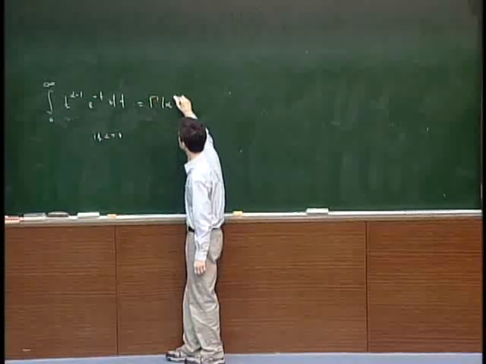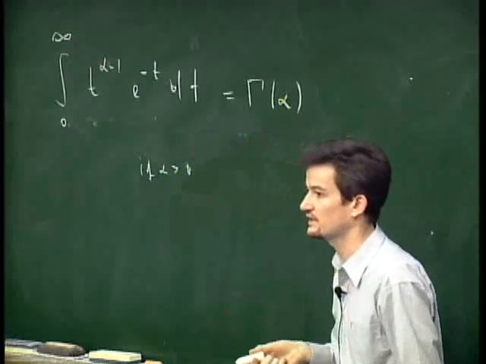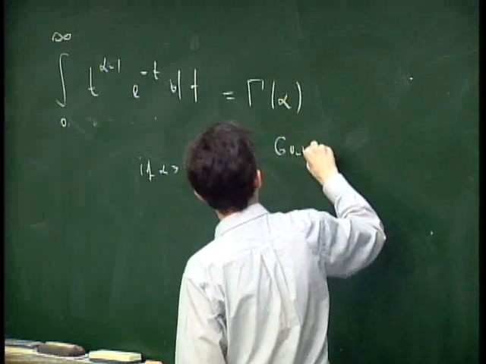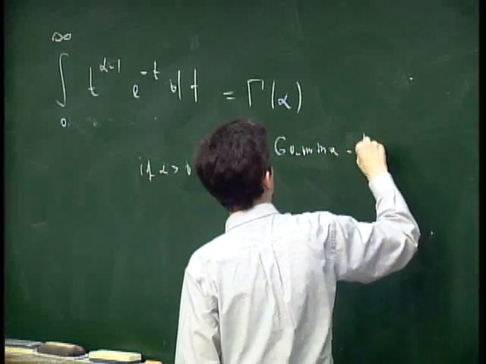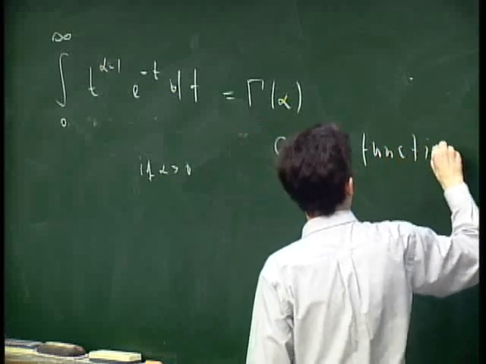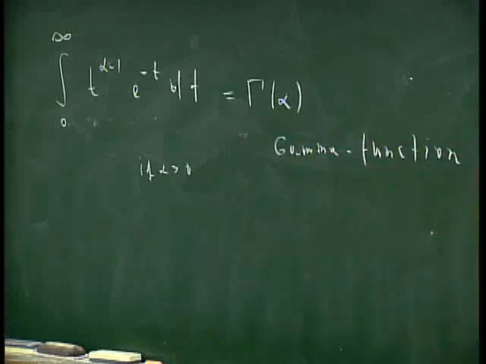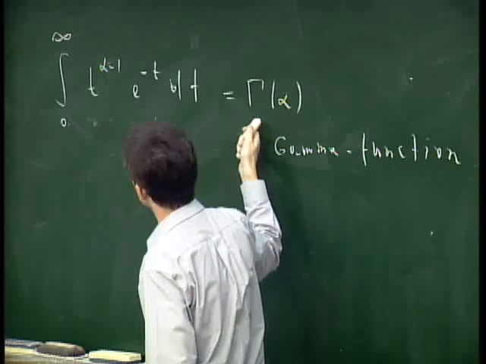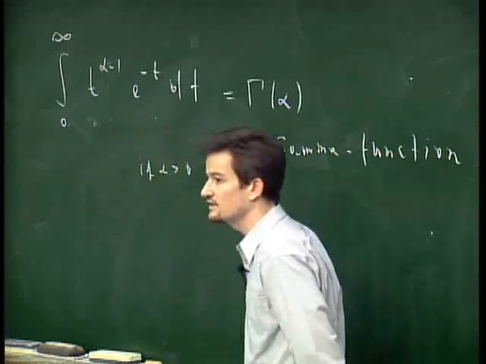This function is normally denoted by gamma. This is called the gamma function. So for all alpha larger than 0, the gamma function is defined by this integral.